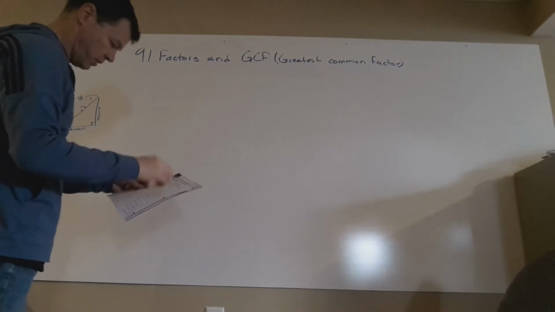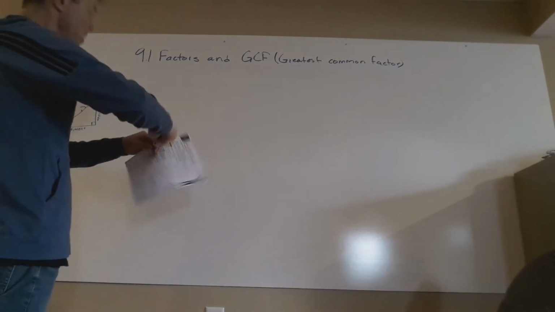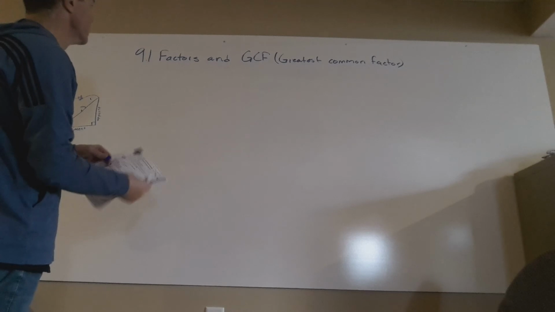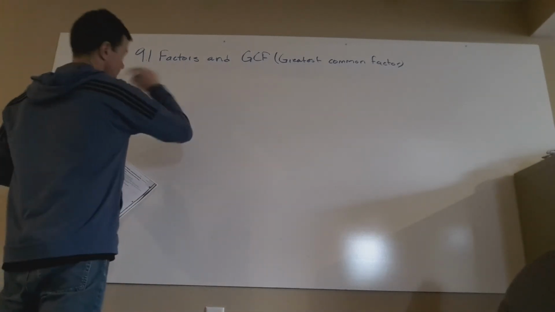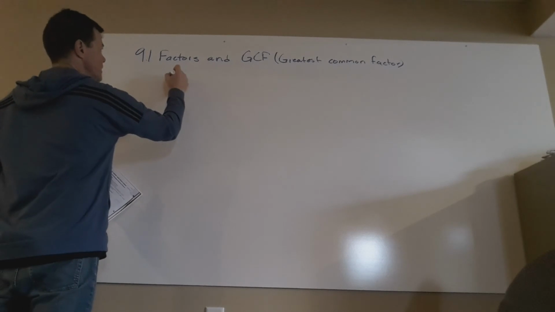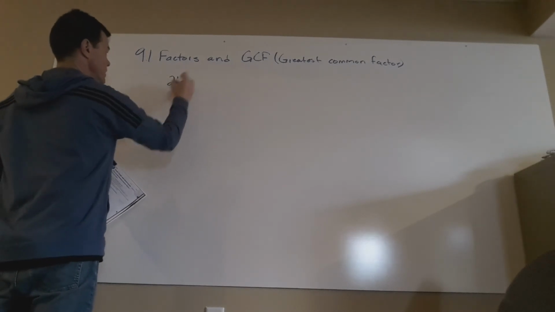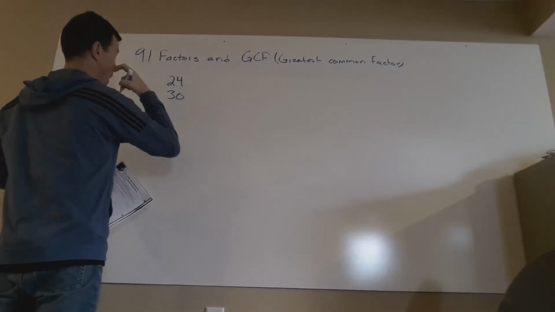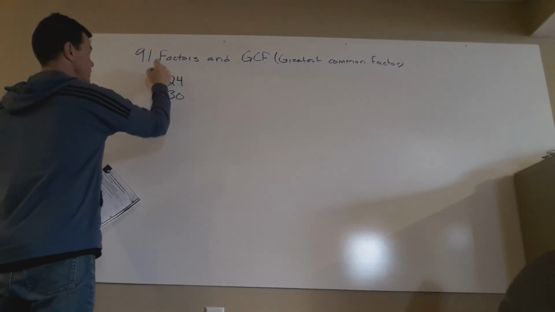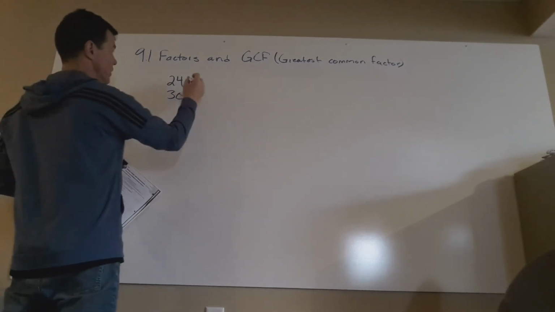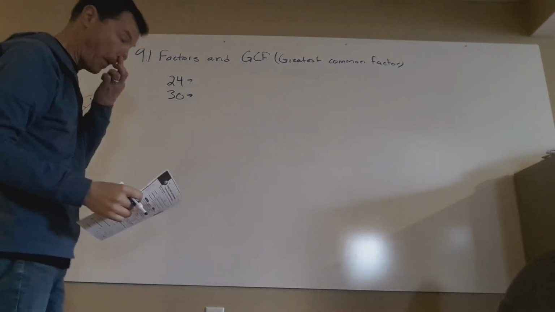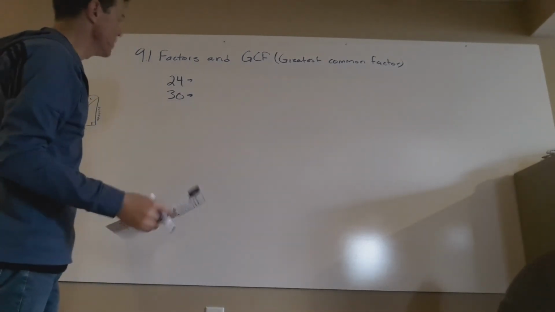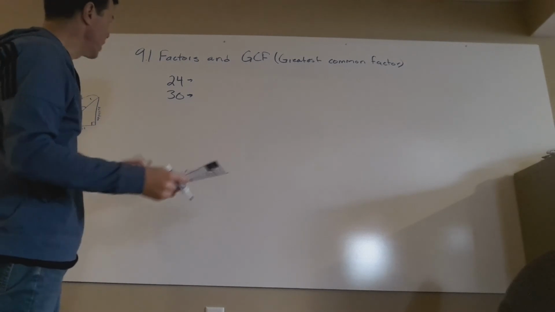So start out with just something pretty simple here. Let's look at the greatest common factor between 24 and 30. So if you're not sure on these, just list these out as prime numbers, and we can just collect all the ones that are common.